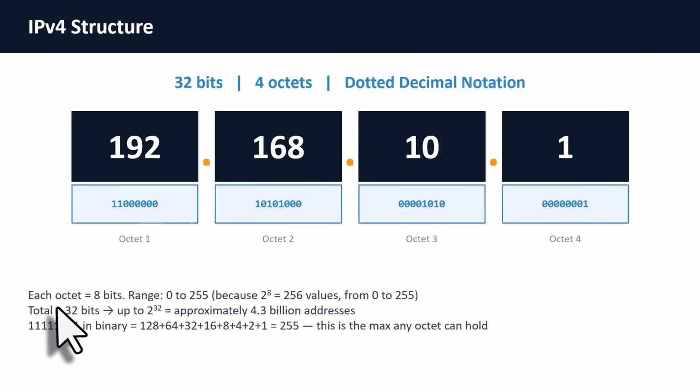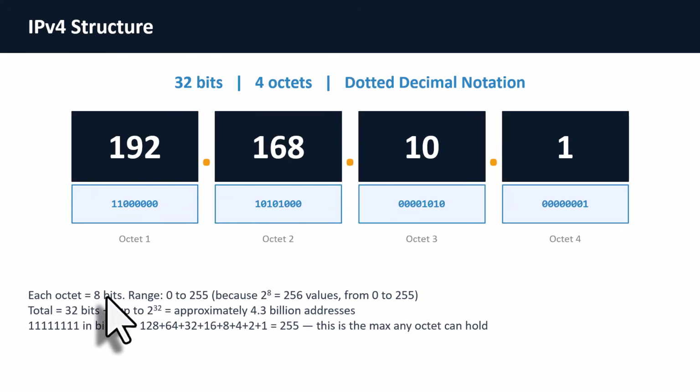What you should get out of this slide is that each octet has a total of 8 bits, and each octet can range from a value of 0 to 255, because with binary numbering, 2 to the power 8 gives you a total of 256 values, from 0 all the way up to 255.